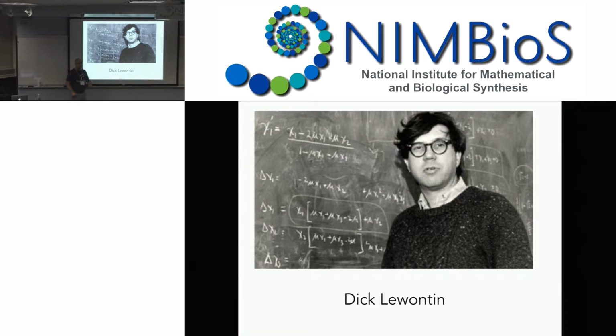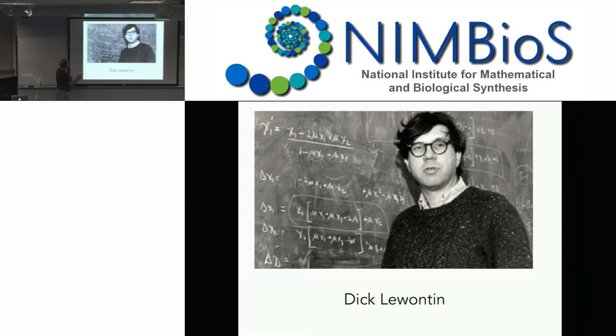Lewontin was the one that got molecular population genetics going because he and Hubby, who was a chemist, showed that you could look at protein variation using starch gel electrophoresis, and all of a sudden you could move from looking at phenotypic variation to molecular variation. This was pre-DNA. They found excessive amounts of molecular variation from protein variants, and that has now carried over into whole genome sequencing. Lewontin was one of the people behind it.